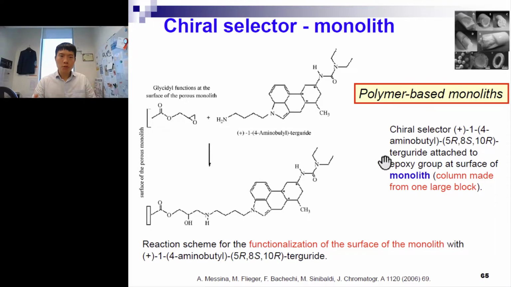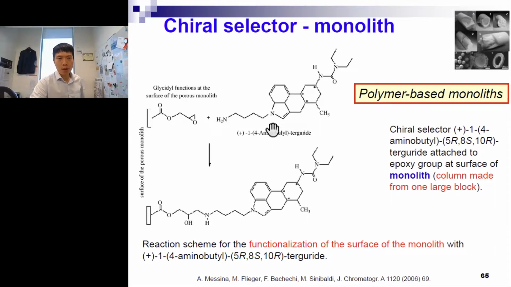If you want an analogy, think of a carbon nanotube. You have a flat layer of graphene. Graphene comes from just one layer of graphite, and then you take one piece of graphene like this and roll it up this way, like a nanotube. So in a way, a monolith is in the same fashion.